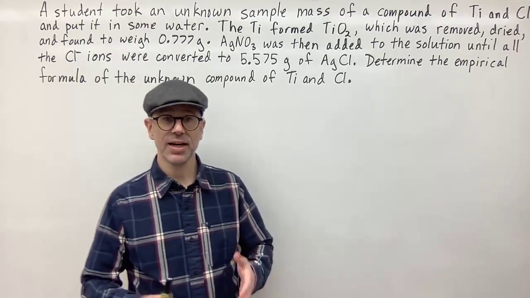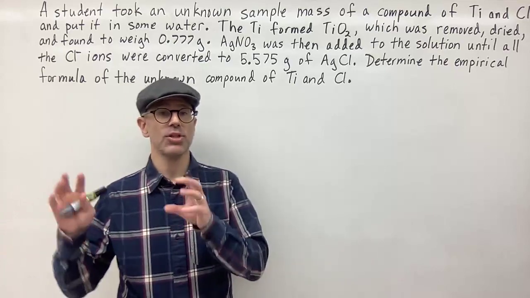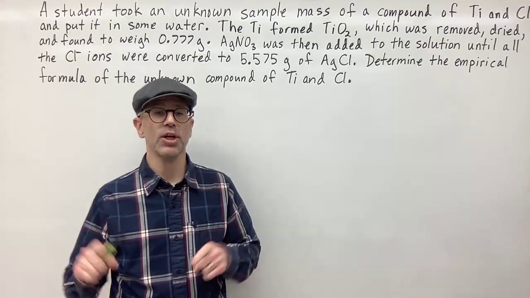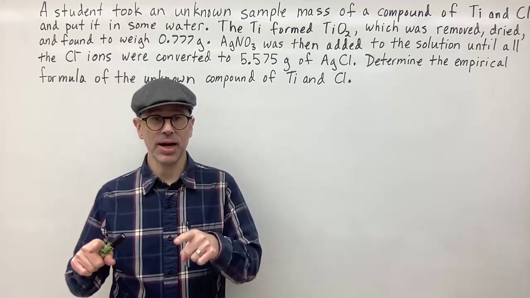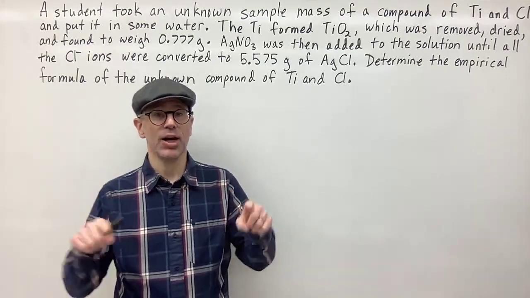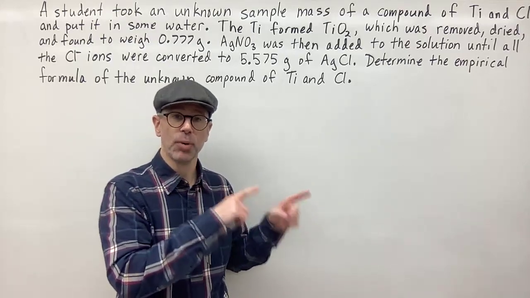So the idea, again, is to take the amounts of the products you formed. You know that the elements in the products, or the key elements that are in the products, came from your compound that you burned.